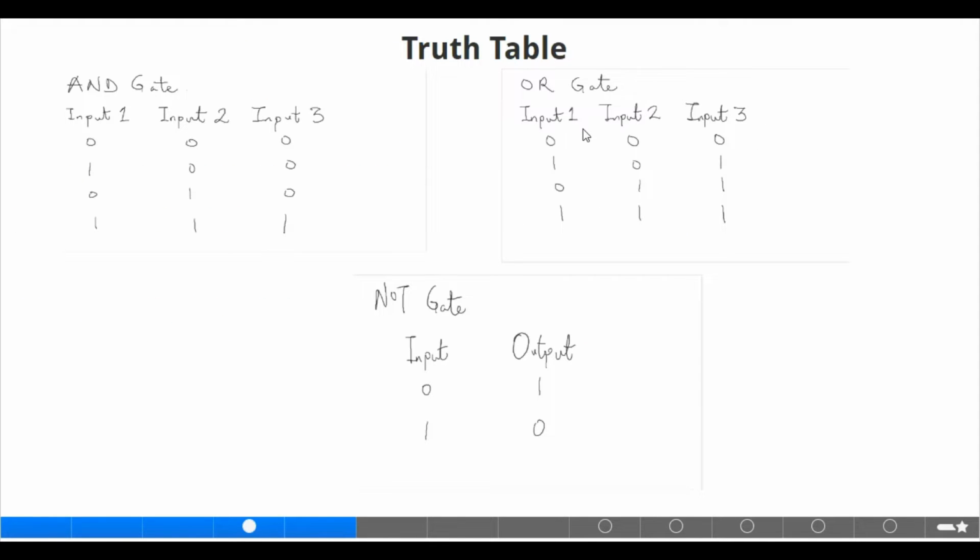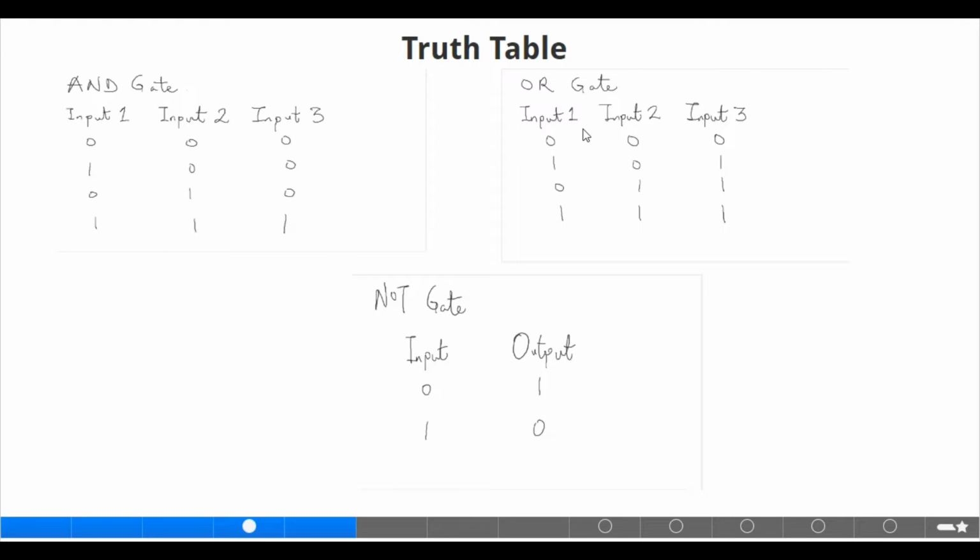Now, look at this truth table for AND gate. If input 1 is 0 and input 2 is 0, that is off, that means the output, which is known as input 3, will be off. If input 1 is on and input 2 is off, that means input 3, known as the output, will be off.